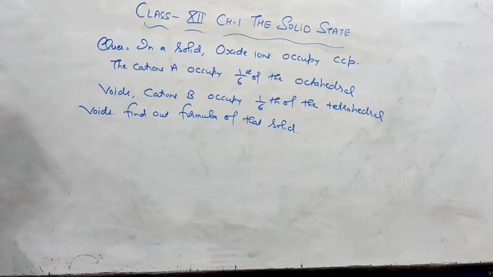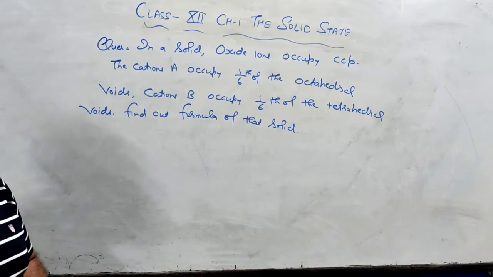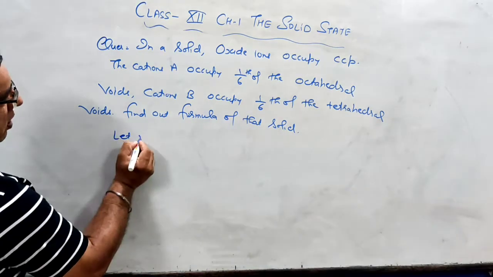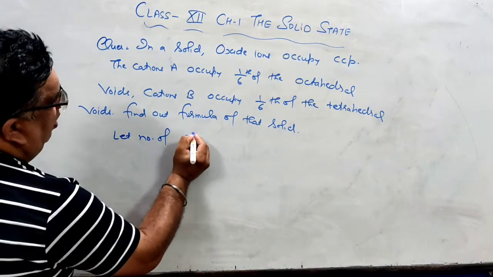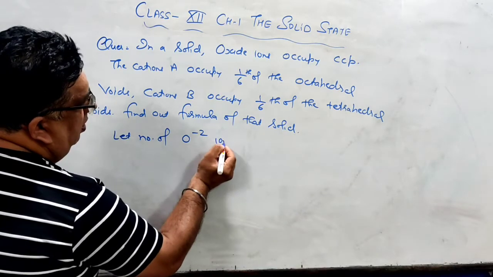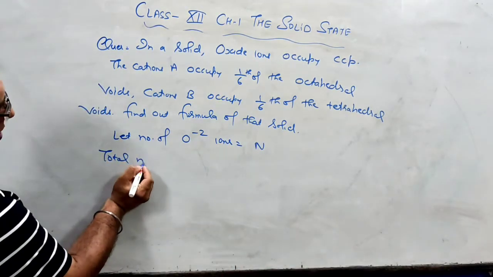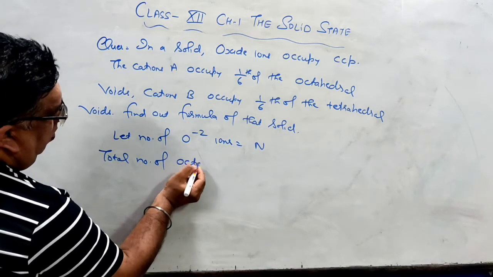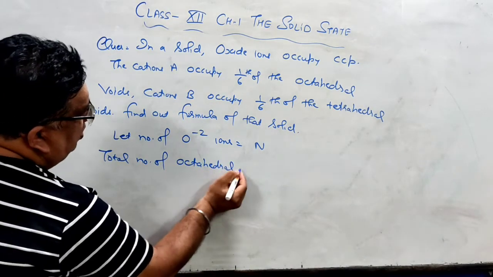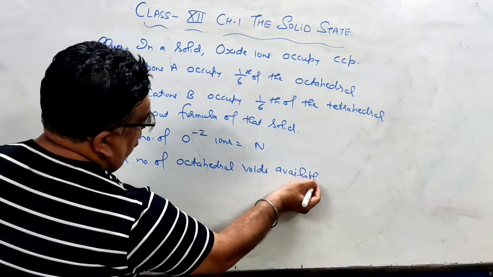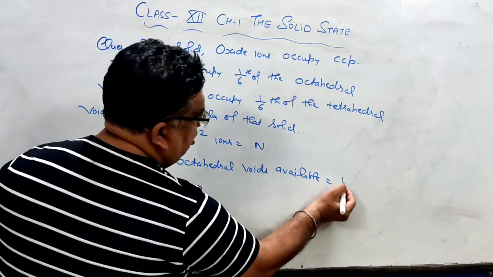So in the statement, it is clear that oxide ions occupy cubic closed packing, and we know oxide ions are anions, and anions are treated as constant particles. So in this case, let number of oxide ions, O minus 2 ions, be equal to n. Total number of octahedral voids available is equal to number of anions, so it is also equal to n.